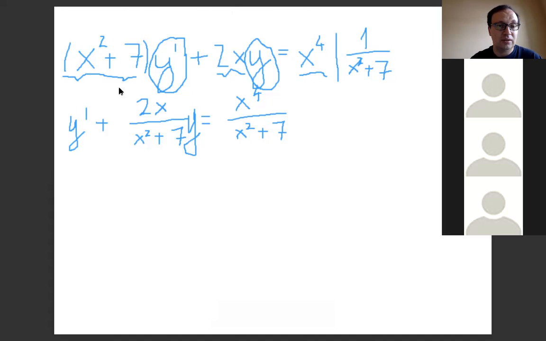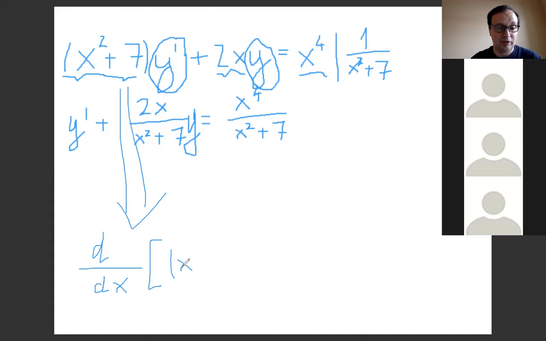So this equation implies that already, d over dx of x squared plus 7 times y is equal to x to the 4th.